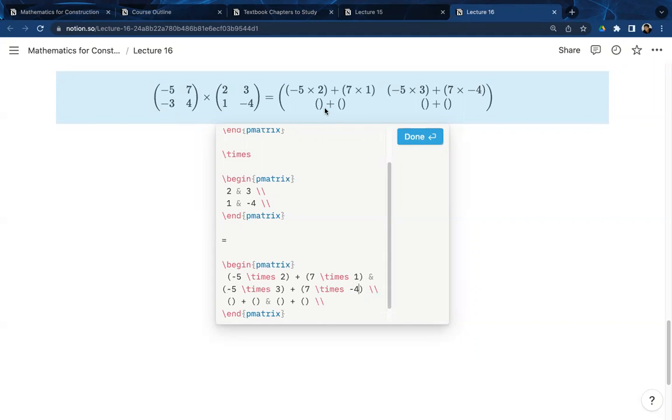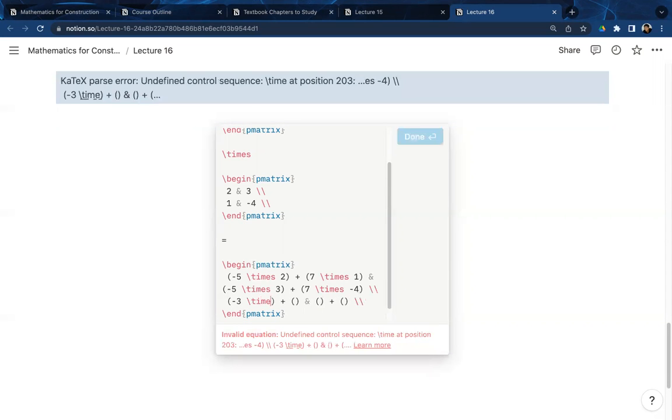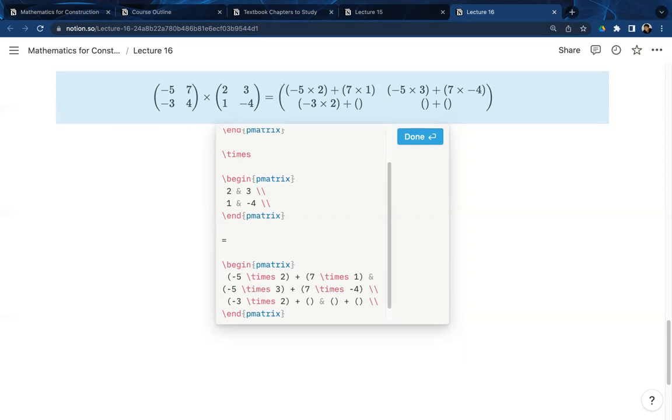Bottom left is row 2, column 1. So row 2 by column 1. So negative 3 by 2 and 4 by 1. And last one, bottom right, is row 2, column 2. So row 2 by column 2. So negative 3 by 3 and 4 by negative 4.